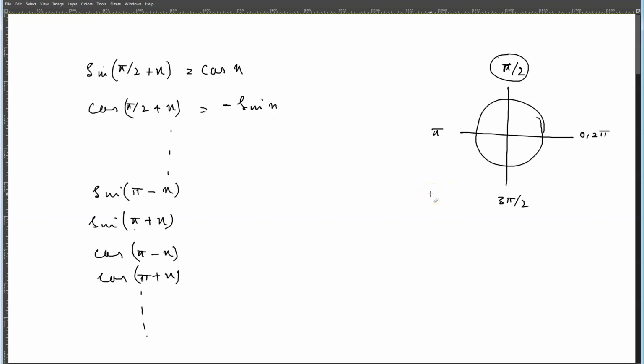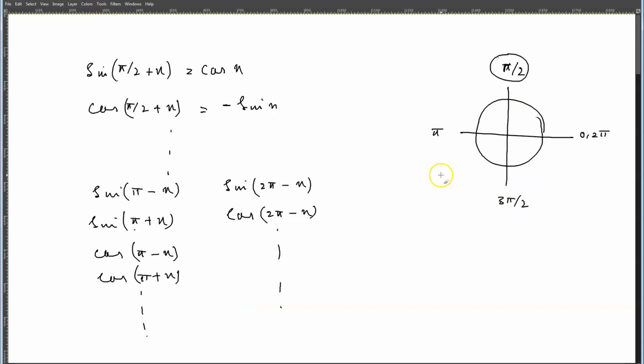That might be a convention or something. And then there is also 2 pi. Some angle can be expressed in terms of 2 pi. For example, you might need to know the sine of 2 pi minus x, or the cos of 2 pi minus x, and so on and so forth.